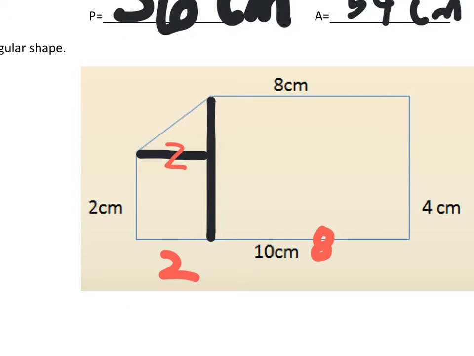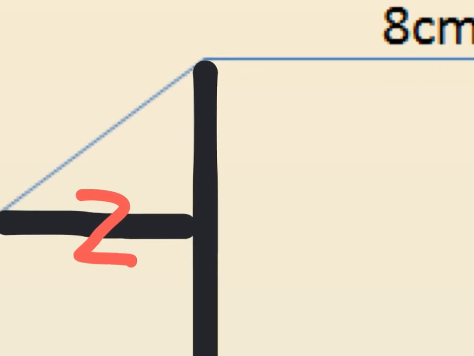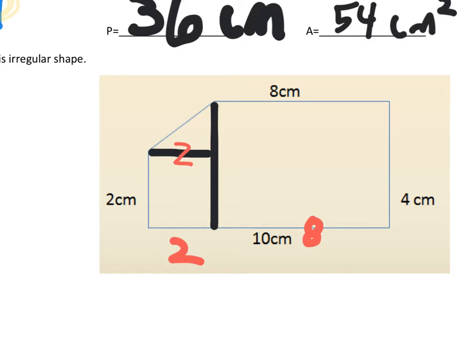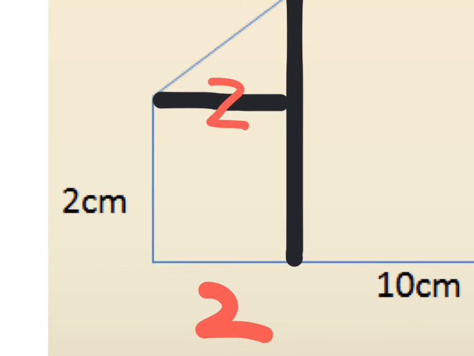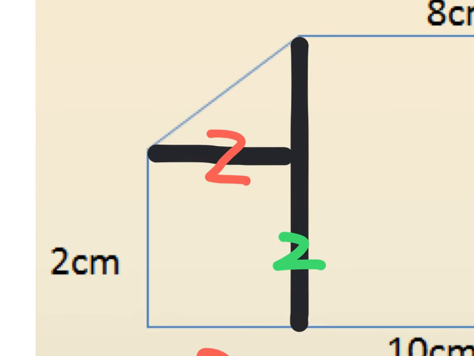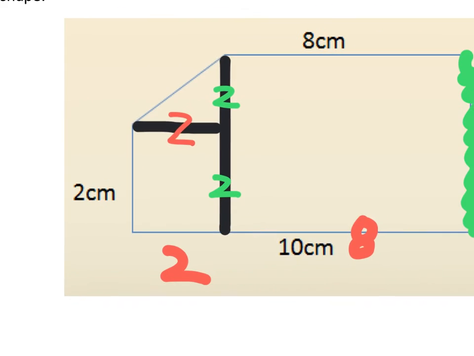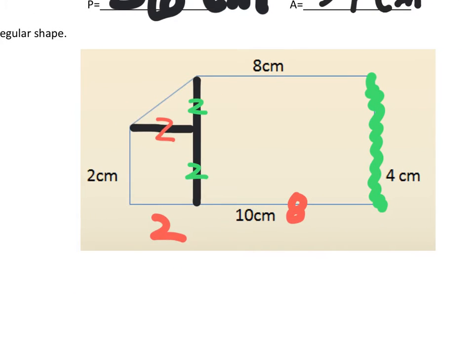Which then leaves us with the question of, well, what would this segment here be? Well, when you're doing these, they're not often going to land to scale, and that's okay. This is 4 centimeters. And I know that this piece here, because it matches this piece, has to be 2, which implies for this tallest piece to equal out to 4, that also has to be 2.